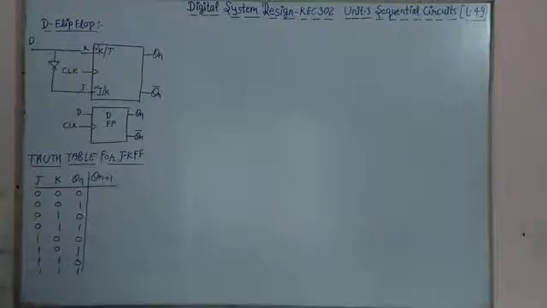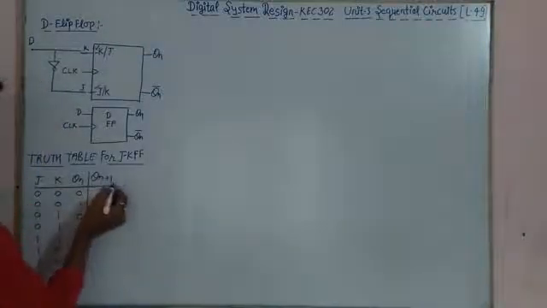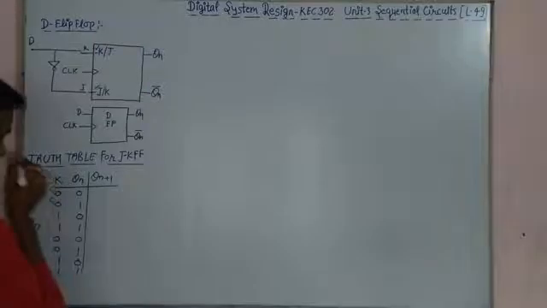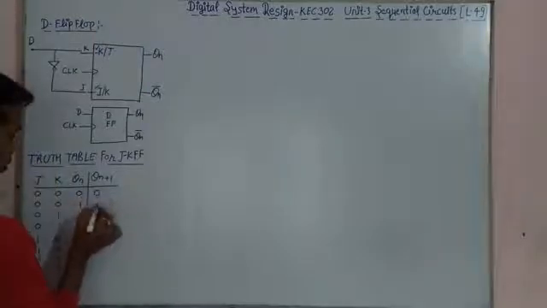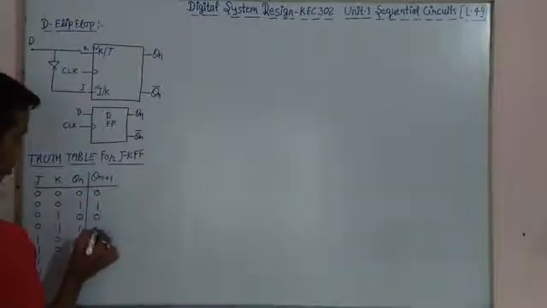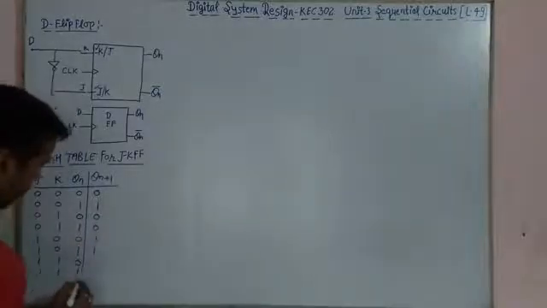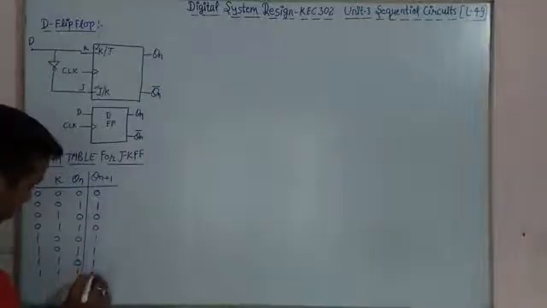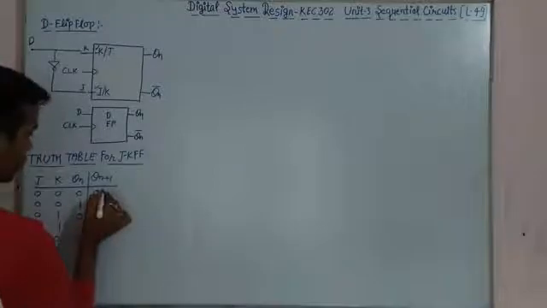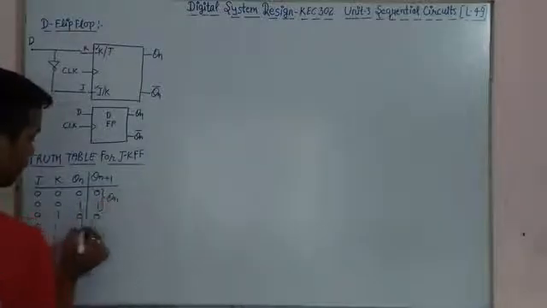You will remember this. So what will be the Qn plus 1 for these combinations? 0, 1, 0, 0, 1, 1 and 1, 0. So this is nothing but Qn.